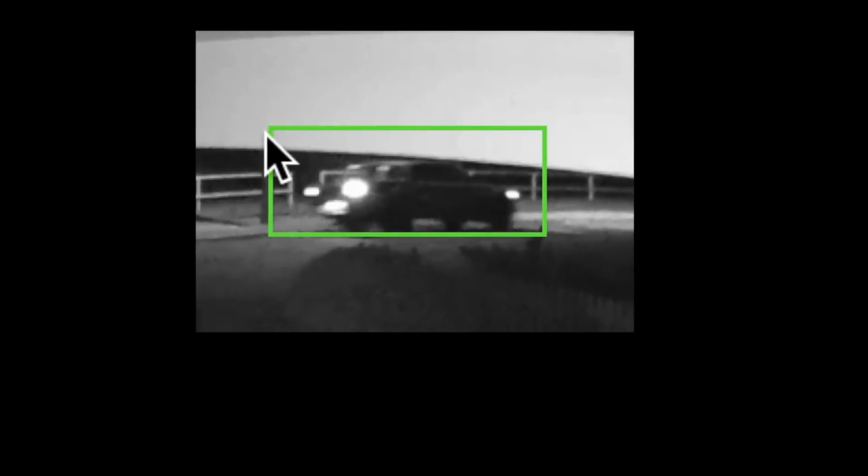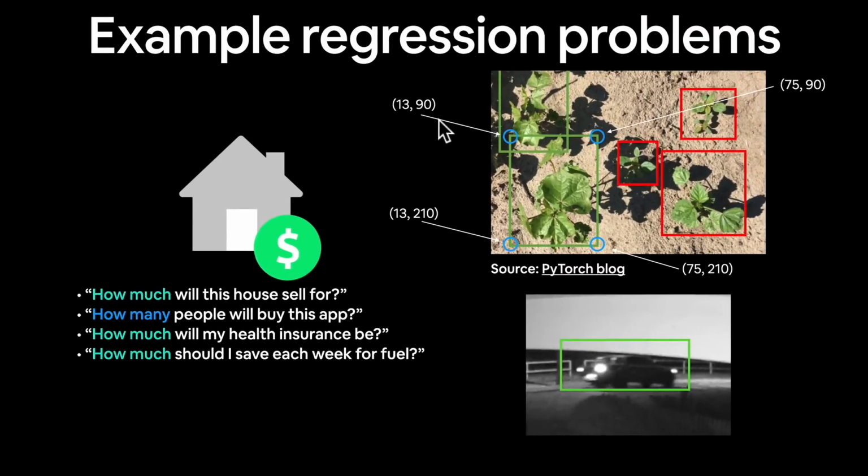And then again, we could do the same with these corners here, the top left. Remember, this is the perpetrator who hit and run on my car. So if I was going to build an object detection model to look at security footage around my home to see if I can find the people who hit and run on my car, I might train an object detection model, specifically a neural network regression, to try and predict the corners of where the bounding box should be around my target object.